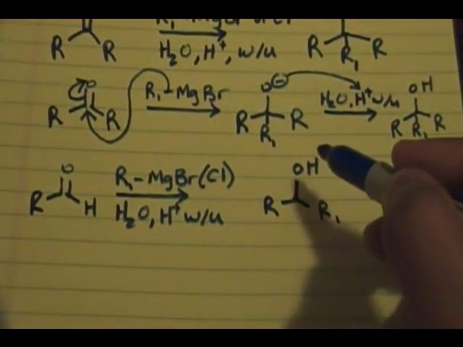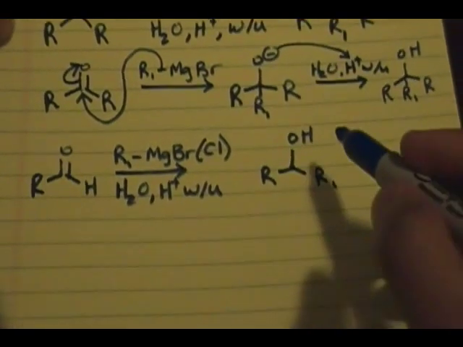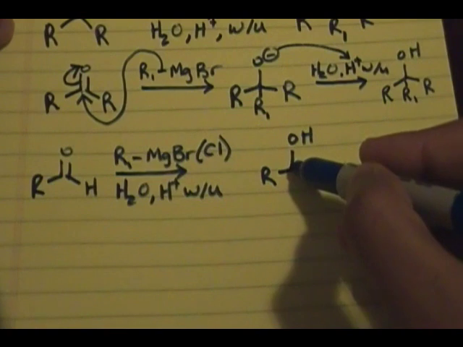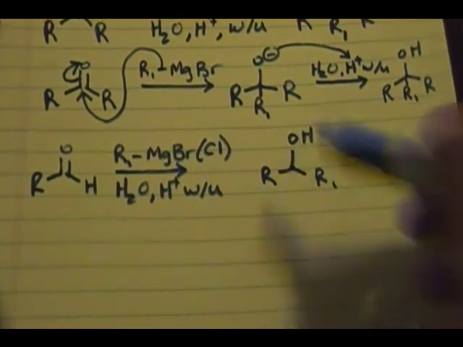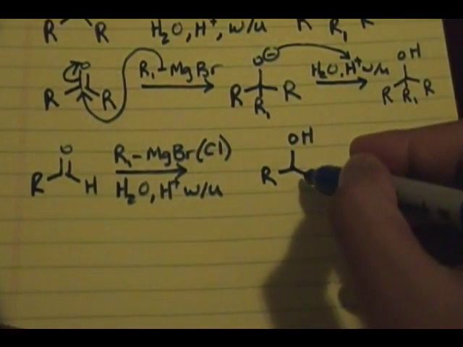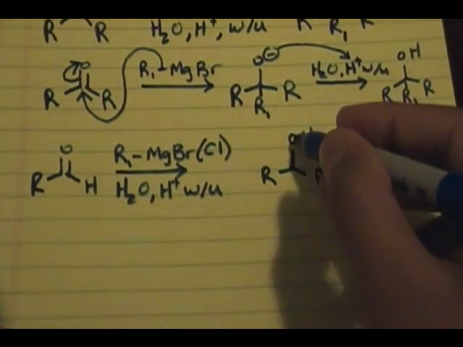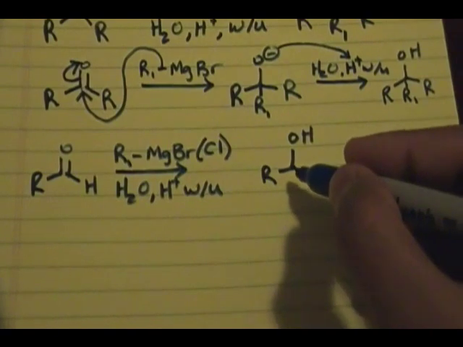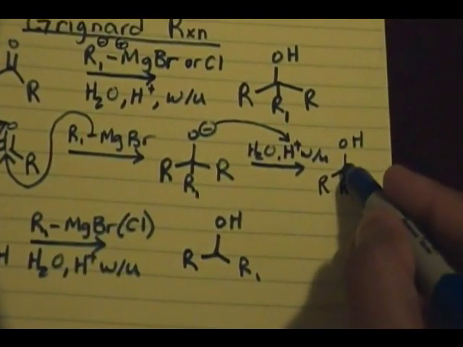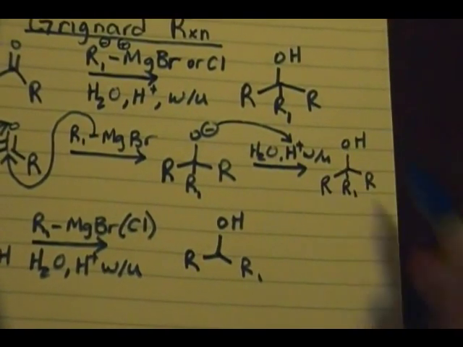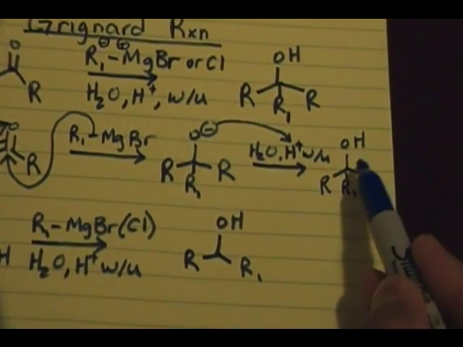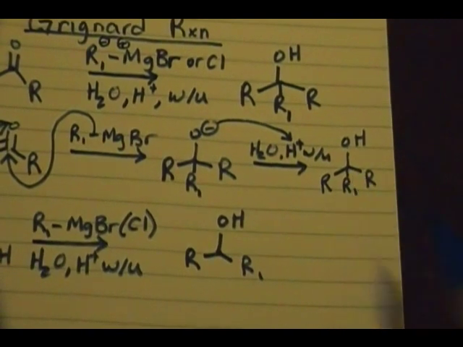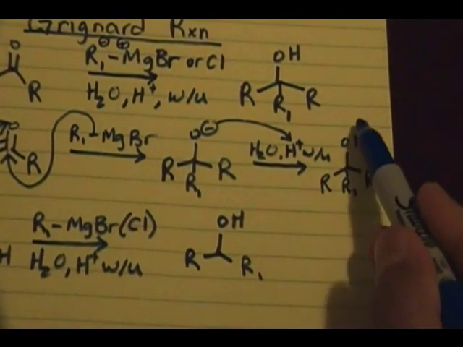What we do is, in order to determine if it's secondary or tertiary, you have to look at the carbon attached to the oxygen, and if that carbon is attached to two other carbons, then it's considered secondary. And if the carbon that's attached to the oxygen of the alcohol is attached to three other carbons, like this one we have here, right? This carbon is attached to the oxygen of the alcohol, and this carbon is attached to three other carbons, so it's going to be a tertiary alcohol.